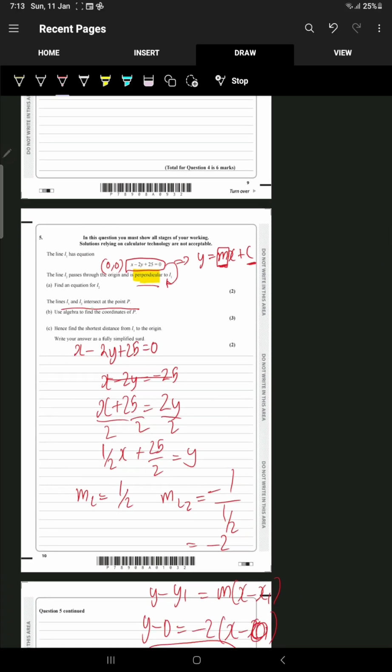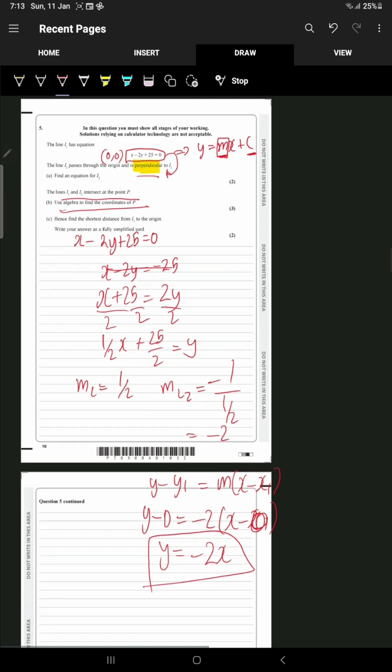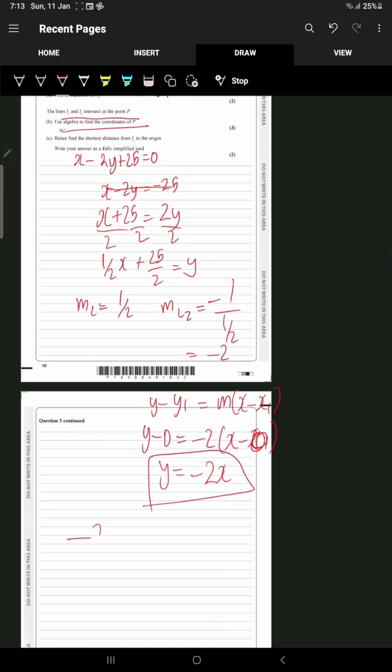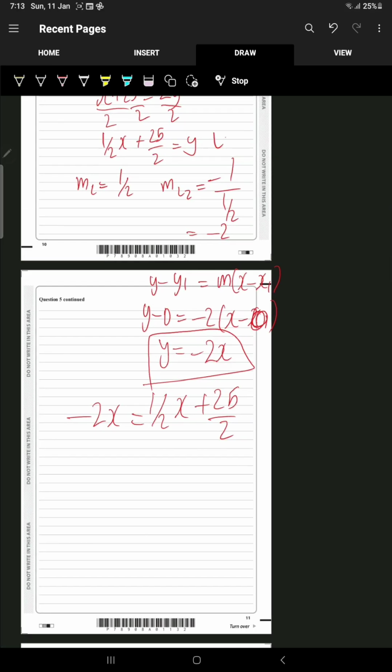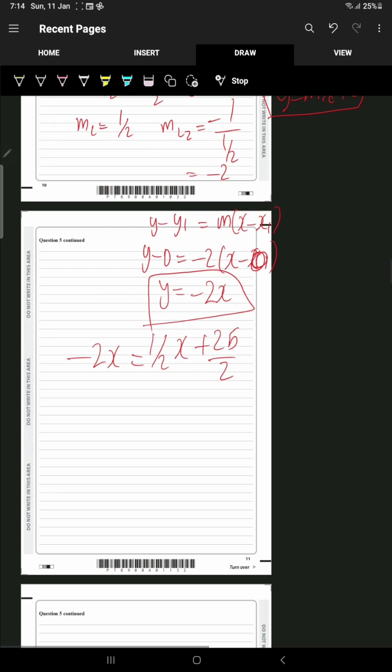L1 and L2 intersect at point P. Use algebra to find the coordinates of P. Simple. Whenever there's a point of intersection, we set the equations equal to each other. So half x plus 25 over 2, the equation of L1 in the form y is equal to mx plus c, where y is on its own. To find the point of intersection, we can do minus 2x minus half x is equal to 25 over 2.